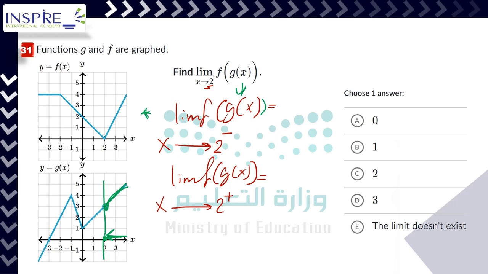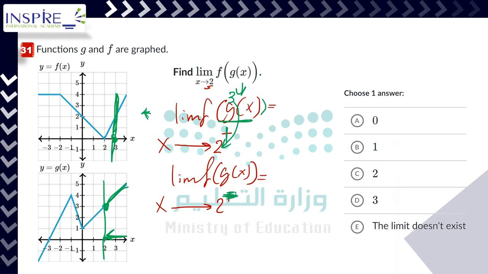What's the next step? Here we have 3. So I need the limit not as x approaches 2 from the left side. No, I will switch this 2 with the number 3. So I need the limit as x approaches 3 from the, sorry, from the right side. Anyway, this one from the right side and this one from the left side.